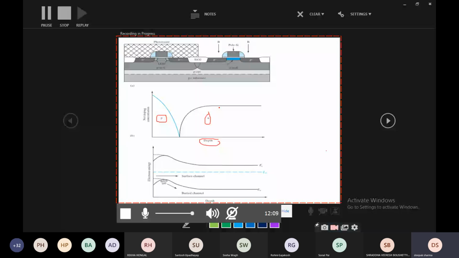In the middle of the channel, see here, this is basically the doping profile.